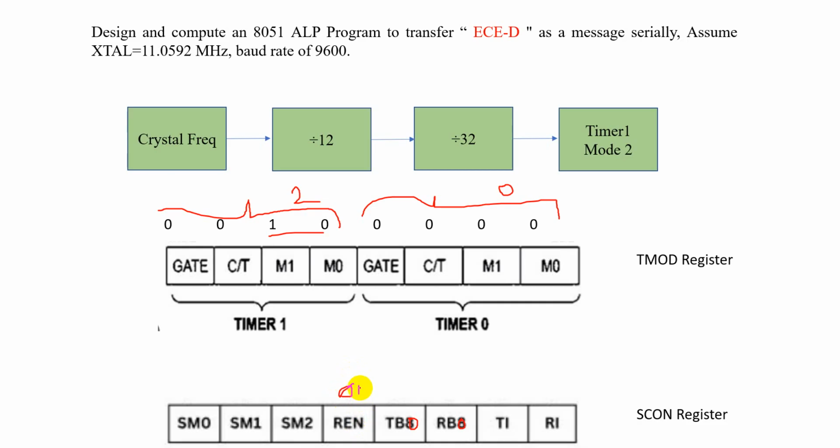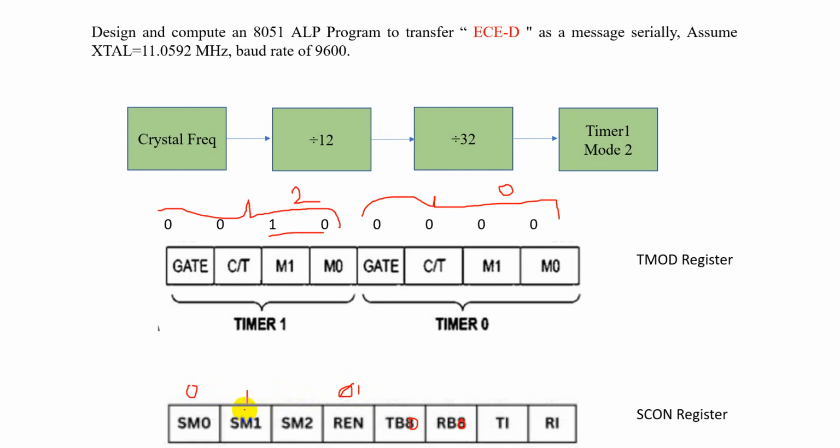So it is either 0 or 1 depending on whether it is for reception or transmission. In our case we are going to use serial communication mode 1.